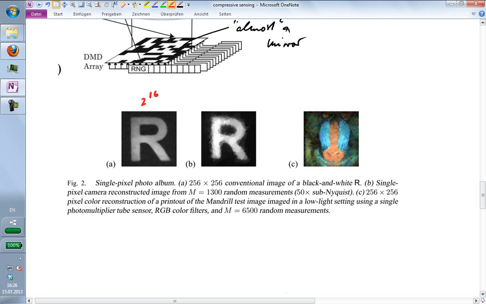In the middle you see a reconstruction from just 1,300 measurements, which admittedly is worse, but it's interesting that you can get away with a comparatively small number of measurements and still see something. And then on the right-hand side, this was using a color filter in addition, and a total of 6,500 measurements.